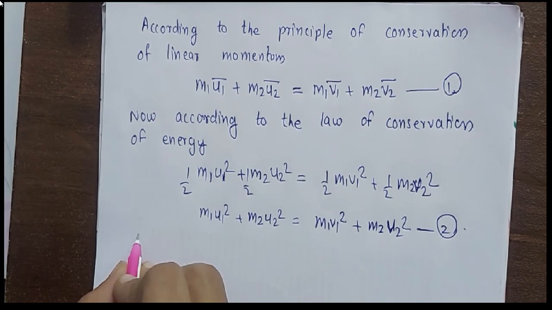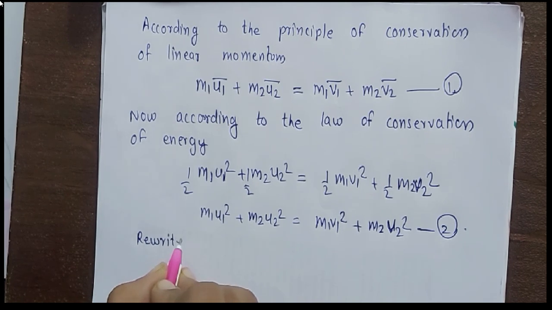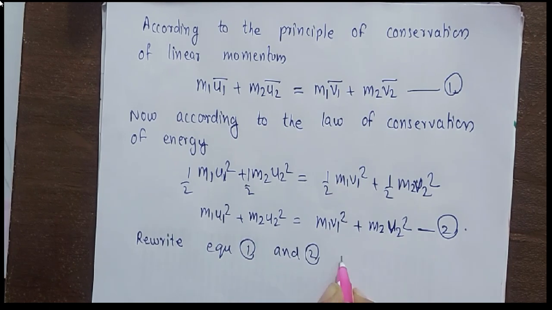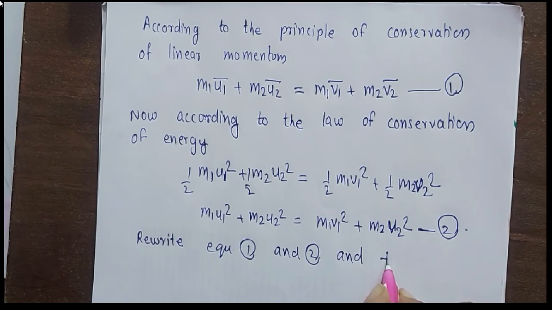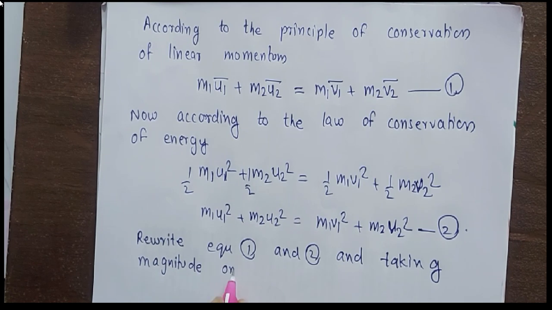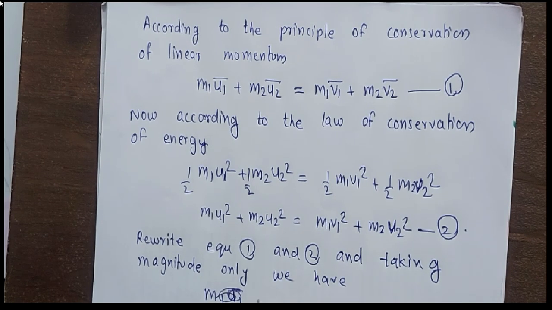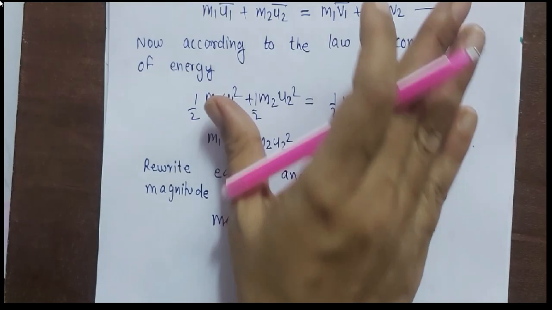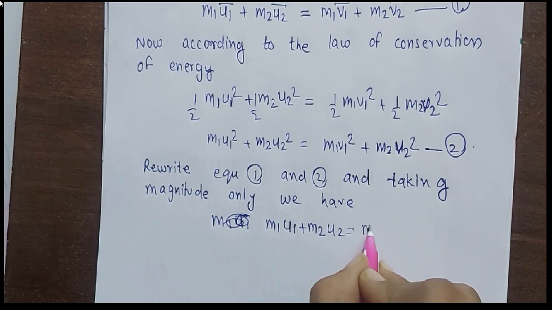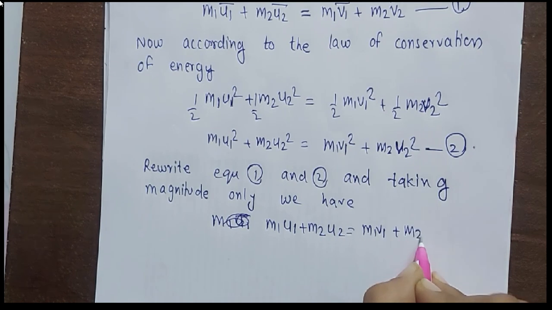Now we will rewrite equations 1 and 2, and we will consider only the magnitude. We have m1 u1 plus m2 u2 is equal to m1 v1 plus m2 v2.